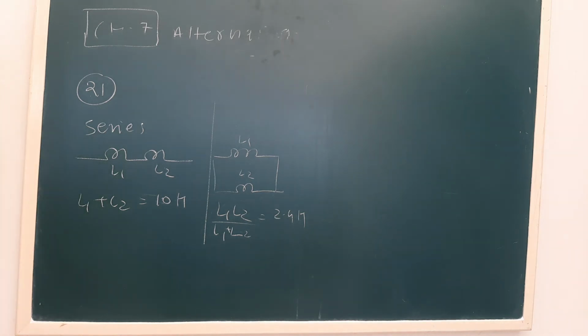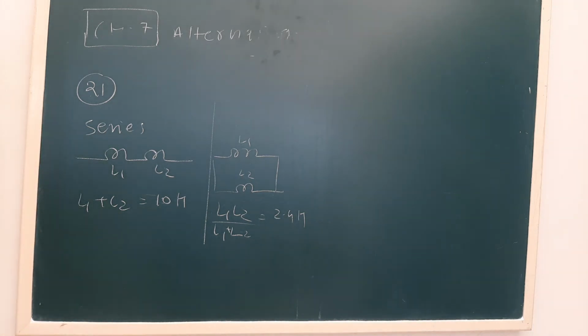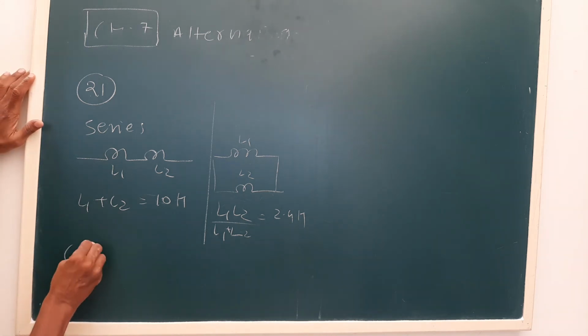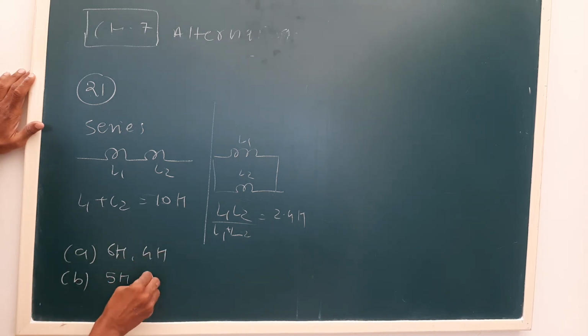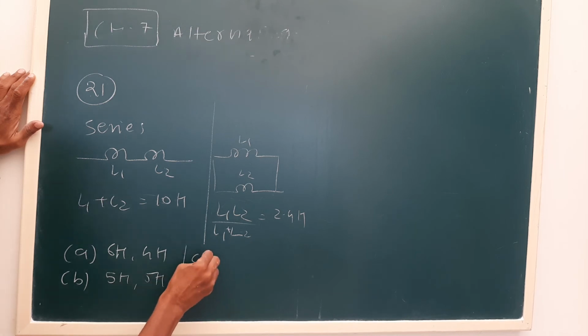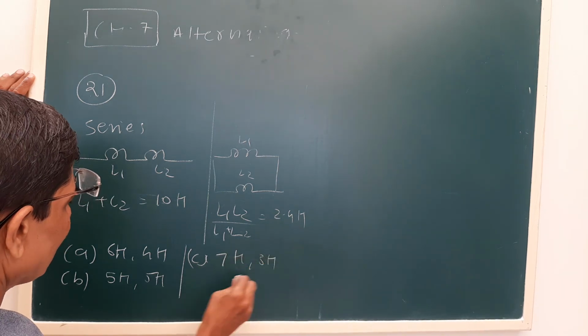What will be their individual values? Now if the options are given to you, you can go by trial and error also, and then we can go for the mathematical explanation.